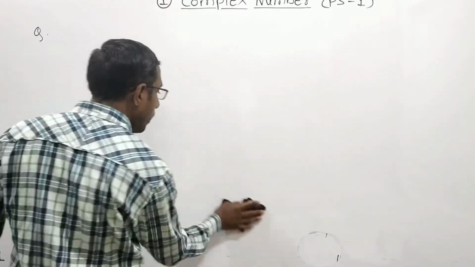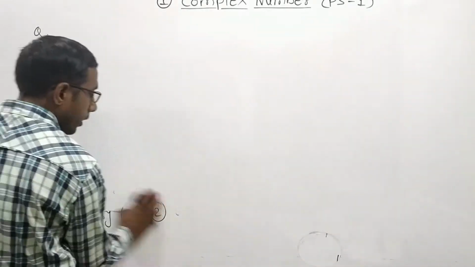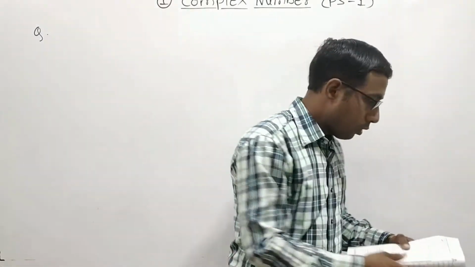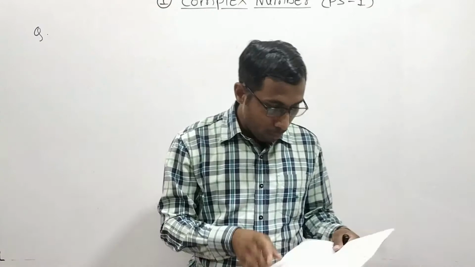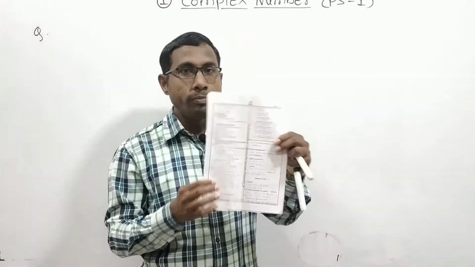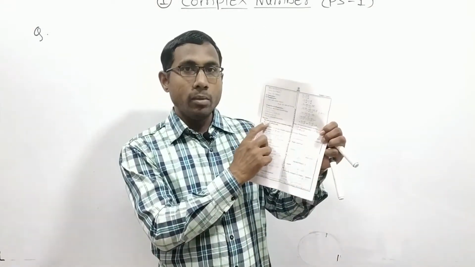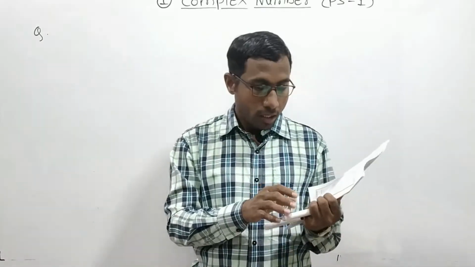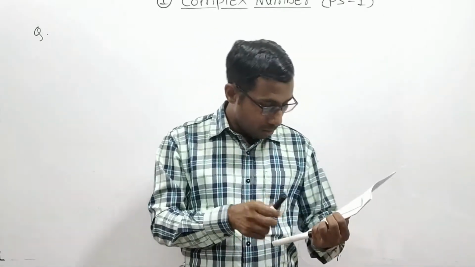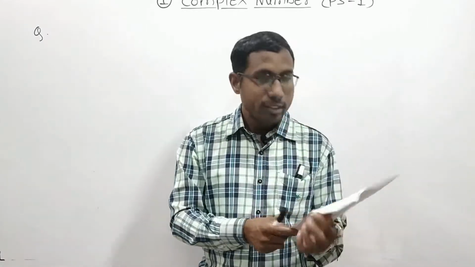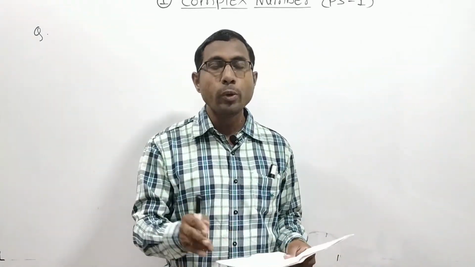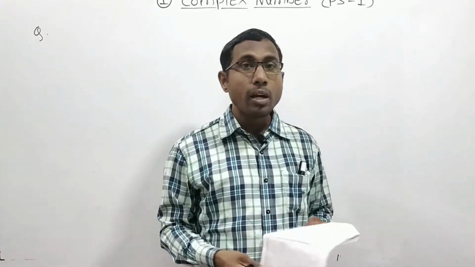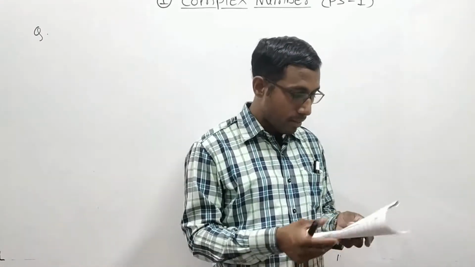The solution is already included in this study material. Just come to page number 2. The theorem is there and the solution is there. If you have any doubts how to prove it, then simply write down the solution. And again, if you have any doubts, you can ask me.